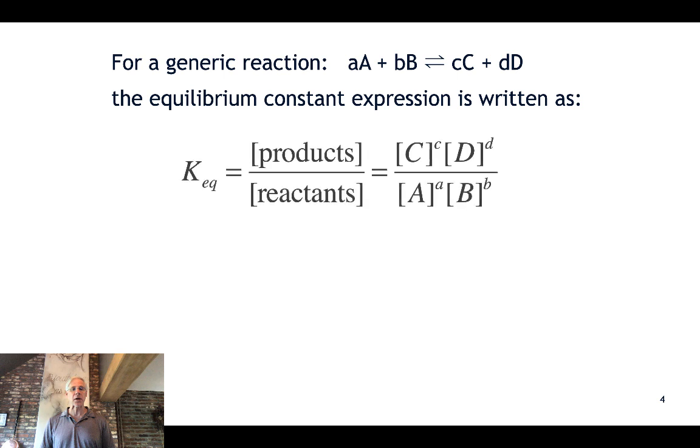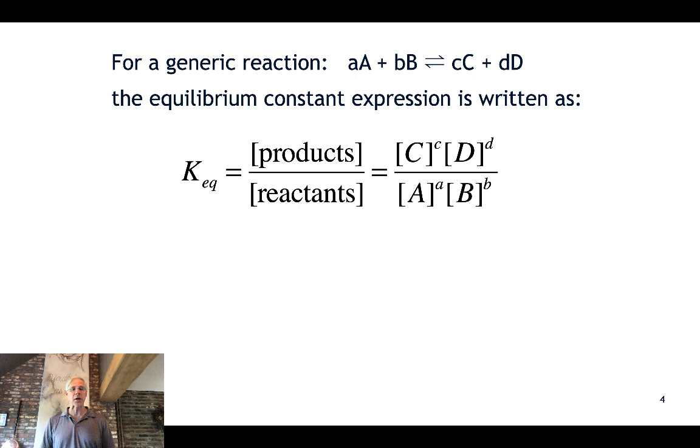We can use the stoichiometry of the reaction in order to write our equilibrium constant expression. And what we do is we put the concentrations of the products divided by the concentrations of the reactants, and we raise each of our reactants or products to the power of the balancing coefficient.